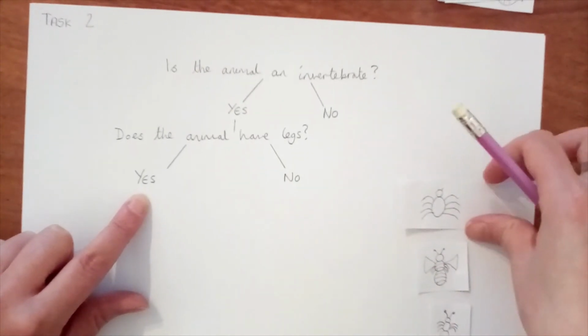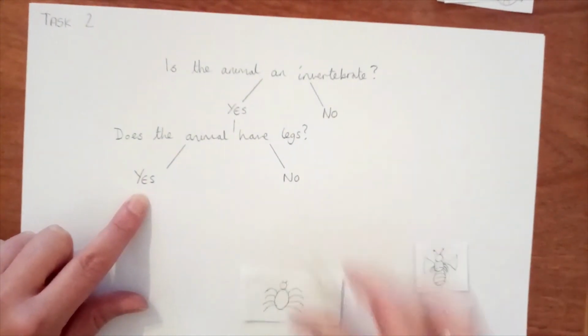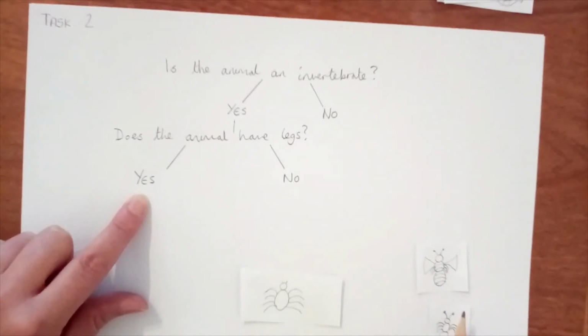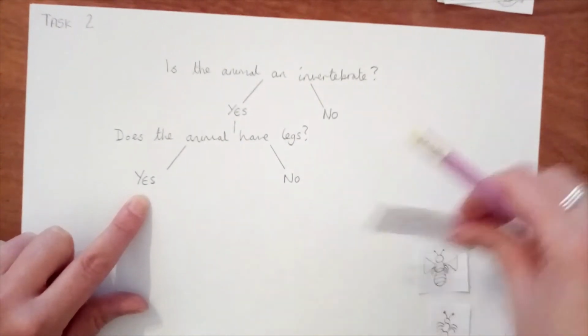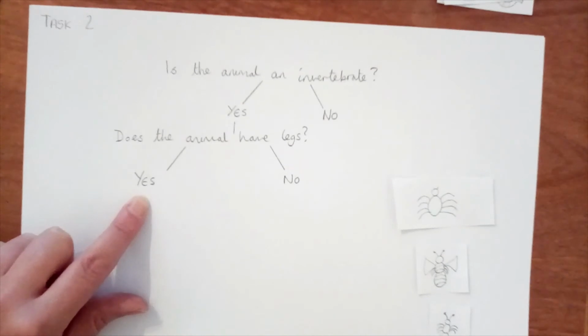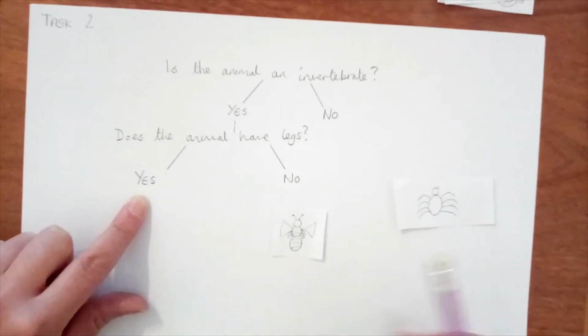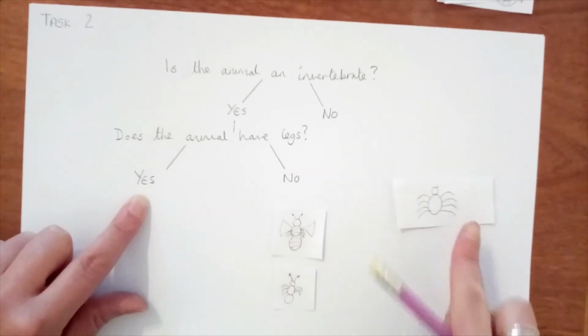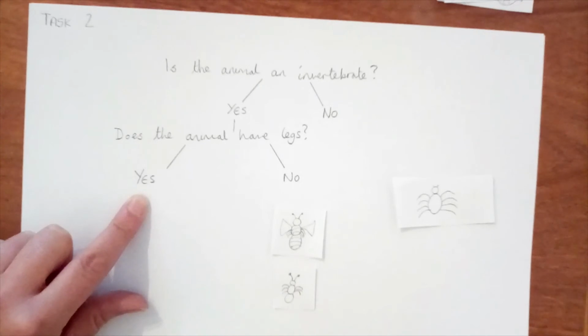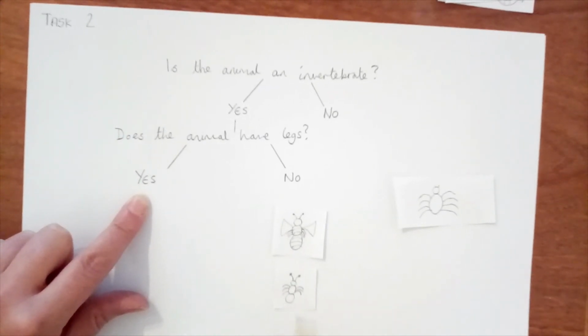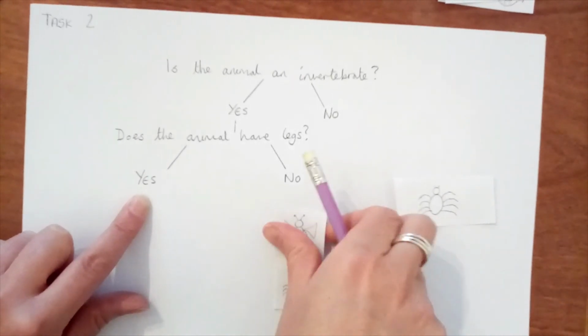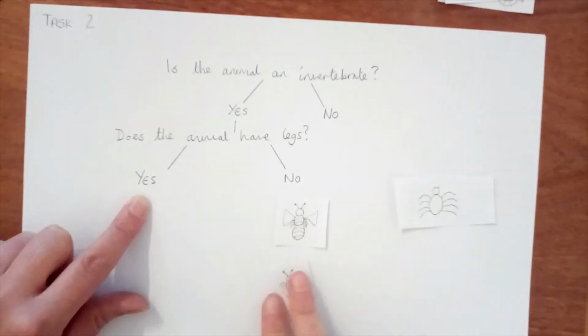So I could ask, does this animal have 8 legs? Yes, no. I could sort it out about body parts. Does this animal have 3 body parts? So I would have my 2 insects over here. So I'd have yes, no. I could sort it out and ask, is this animal an insect? Yes, no. So I think I am going to sort it out by body parts.